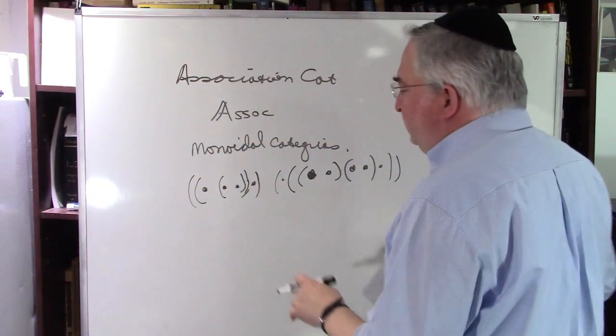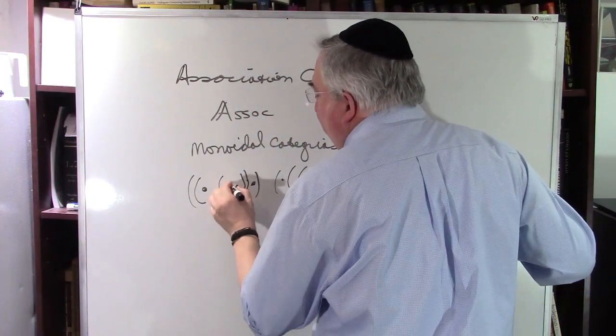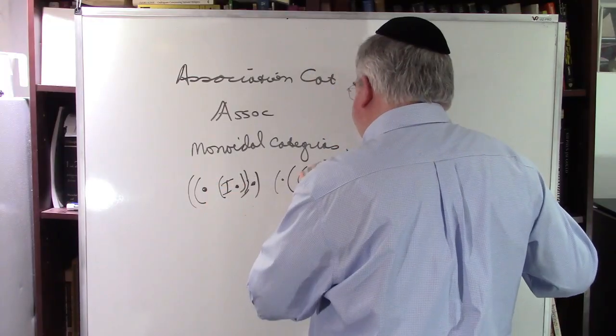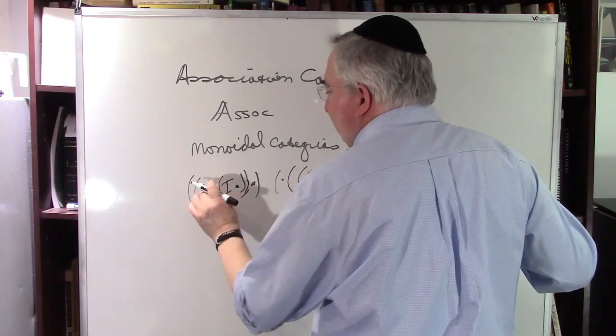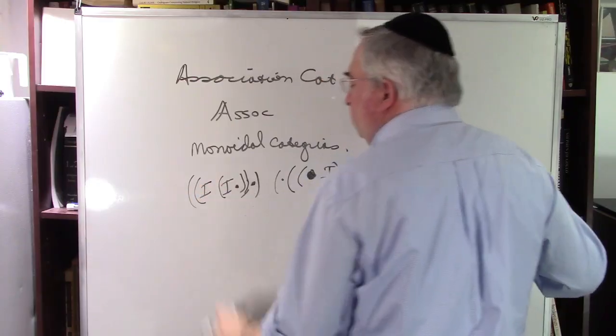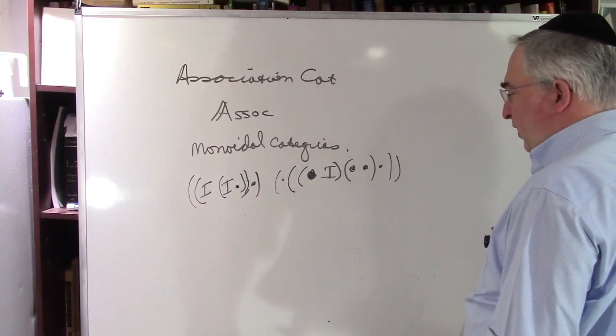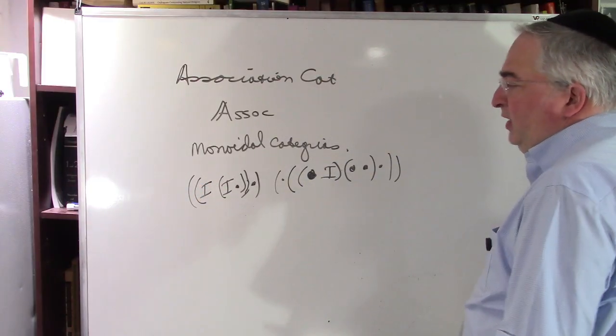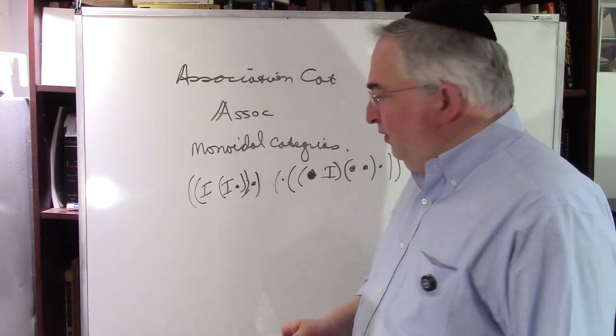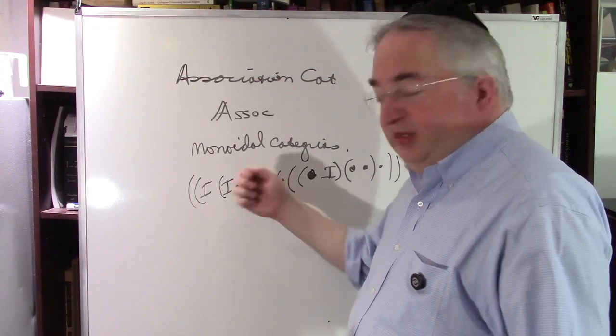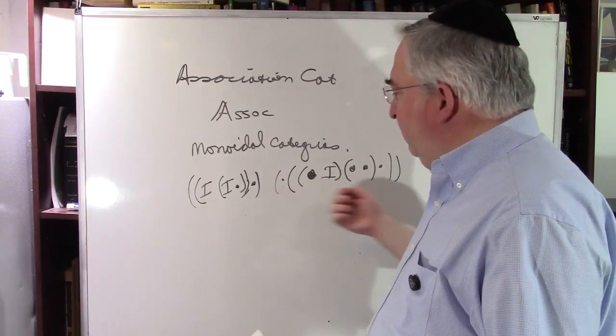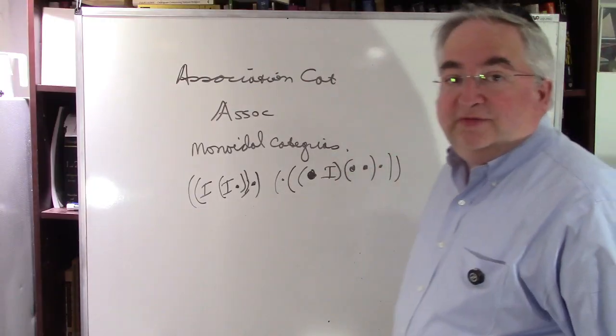Now, we also want sometimes to have a placeholder for the identity. Okay, great. Okay, so those are the objects. They're words with dots and identities, and parenthesizations of them.